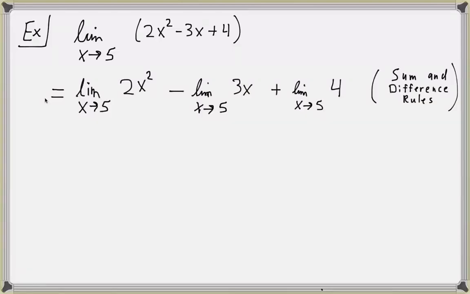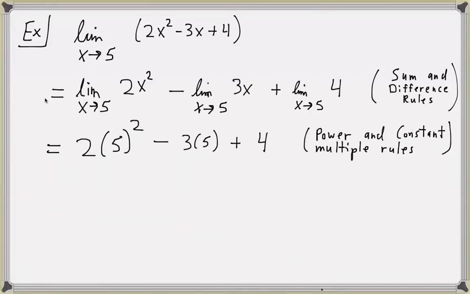So by the sum and difference rules, I can write this as the limit of 2x squared minus the limit of 3x plus the limit of 4, all as x approaches 5. Then, by using the power rule and the constant multiple rule, I can write the limit of 2x squared as x approaches 5 as 2 times 5 to the power 2.